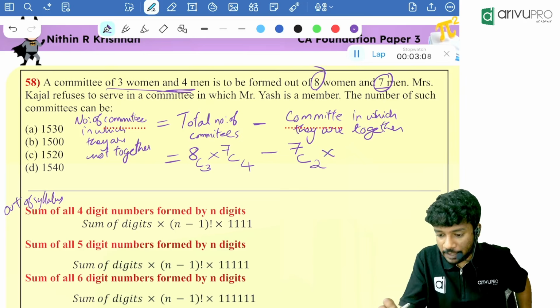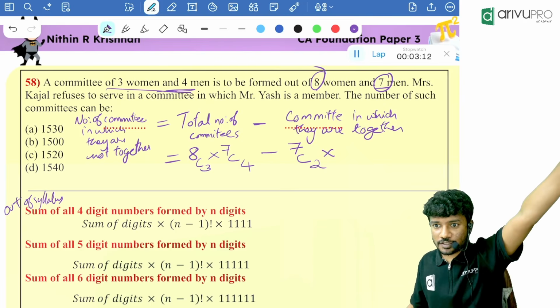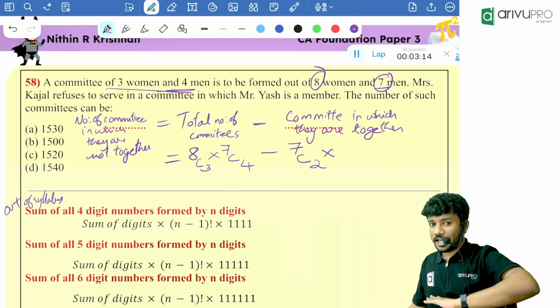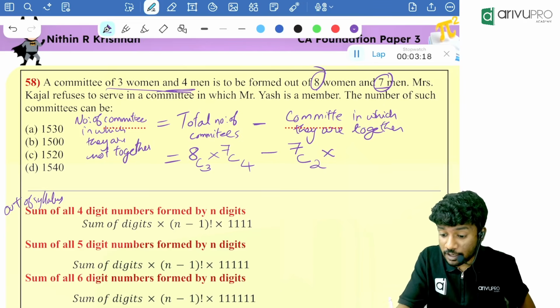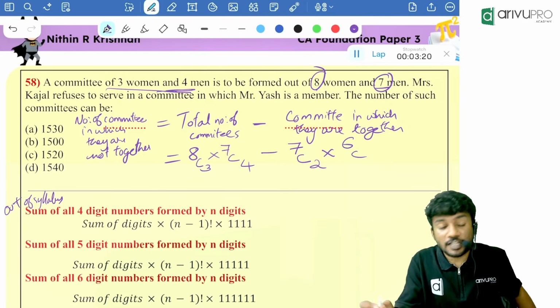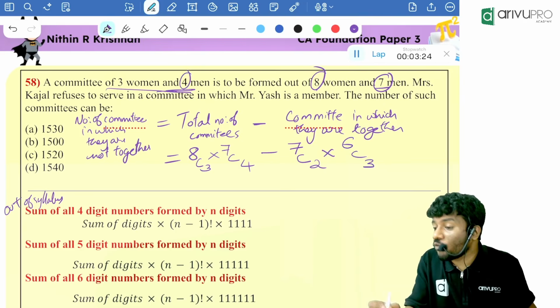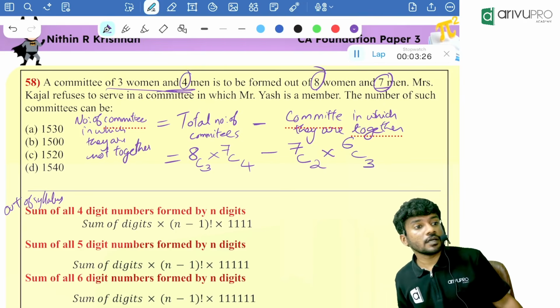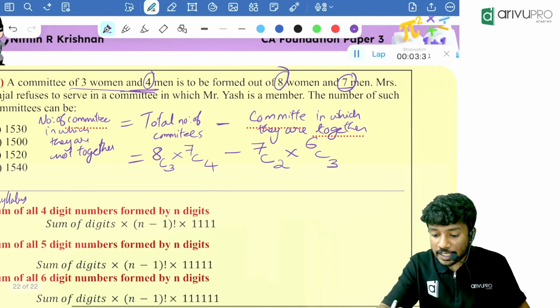And Yash, nepo kid, is already sitting in the chair. That means from 6 men, I can choose 3 men. Why did I choose 3 men? Because Yash is already selected. Make a note of it.